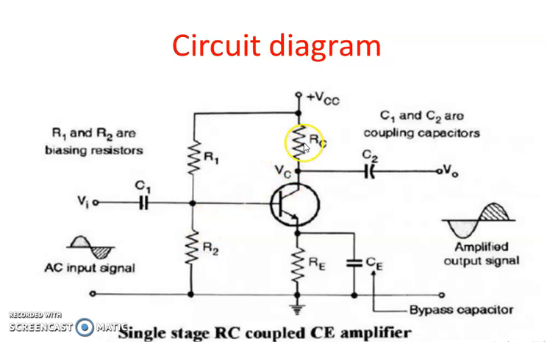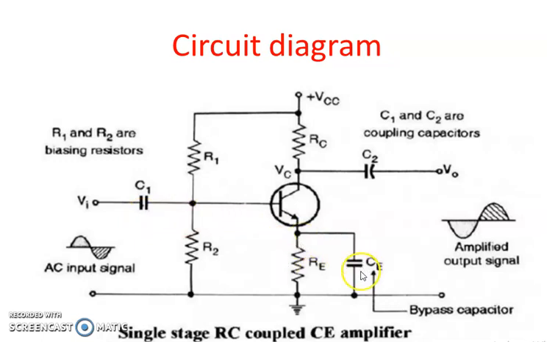Then RC is the collector resistance, RE is the emitter resistance, and three capacitors are used in this circuit. First one, C1, is the input coupling capacitor or blocking capacitor. C2 is the output coupling capacitor or blocking capacitor. So C1 and C2 have two different names: blocking capacitors or coupling capacitors.